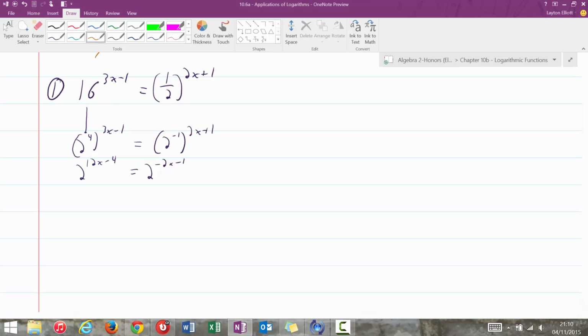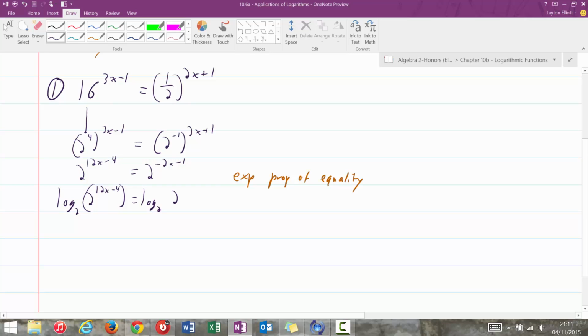Now, it's worth noting that at this point we have something that we've only alluded to at times called the exponential property of equality. We have mentioned it in the last chapter, but what I'm actually doing, and I just want you to write this once, is I'm taking the log base 2 of both sides, equals the log base 2 of 2 to the negative 2x minus 1.